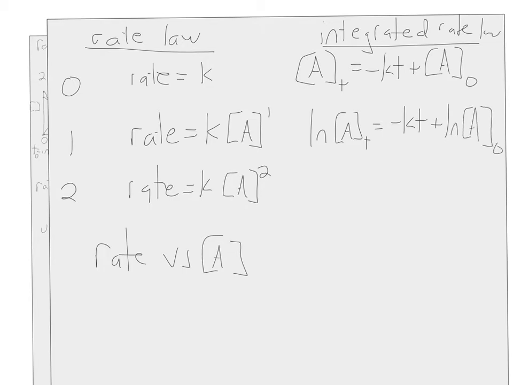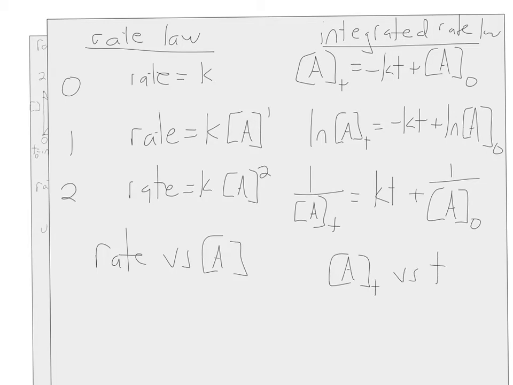And the second order is going to integrate into an inverse relationship: 1 over the concentration at a given time equals positive kT, be careful there, plus 1 over the initial concentration. So when you see concentration versus time data, you know you need to use the integrated rate law.